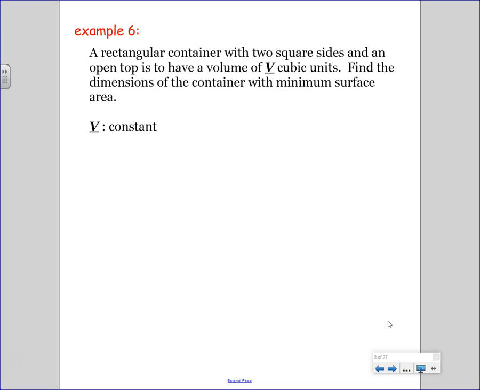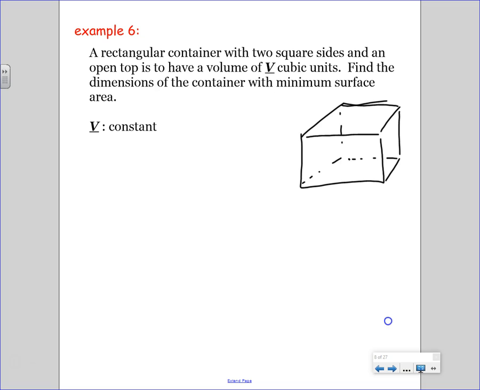Okay, a rectangular container with 2 square sides and an open top is to have a volume of V cubic units. You understand why I'm drawing bottles, right? By 2 square sides, does it mean that it's a perfect cube?